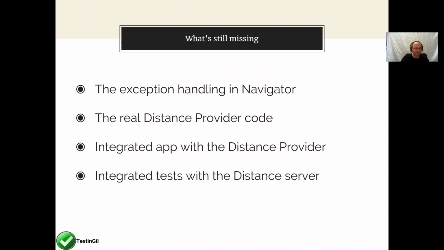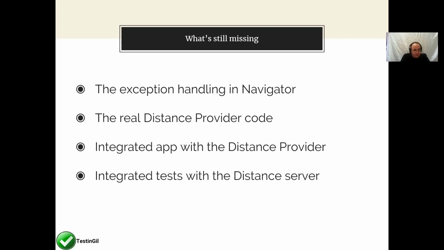What don't we have? First of all, what we started with, which was discovered as a good idea, the exception handling. We'll probably need that, and we'll need to understand how to propagate that into the API. Second, we created a distance provider, which is a placeholder, but we actually need to develop the thing that talks to the real service.